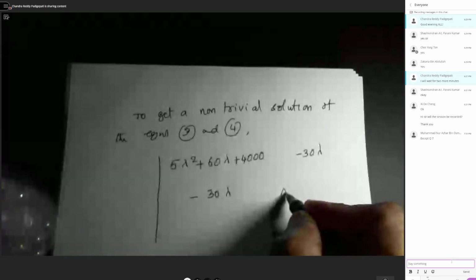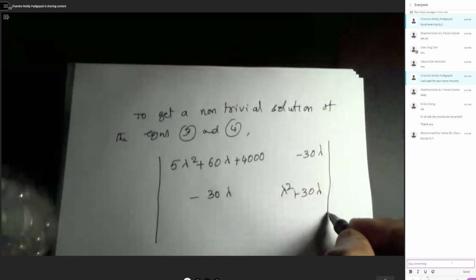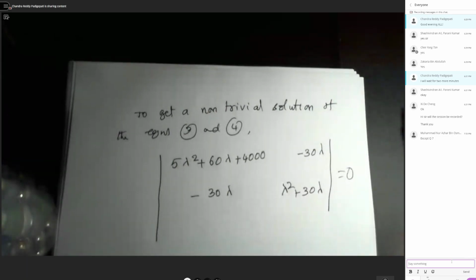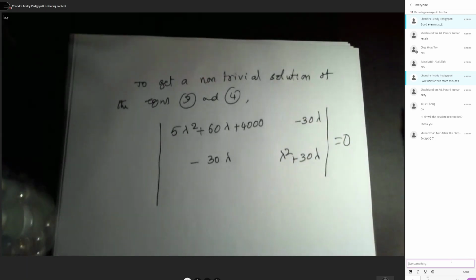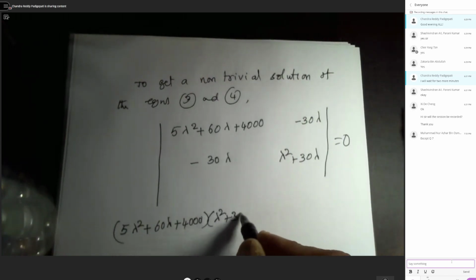Then here you get lambda square plus 30 lambda will be 0. Okay, so you can find the multiplication of this. So you can write 5 lambda square plus 60 lambda plus 4000 multiplied by lambda square plus 30 lambda.